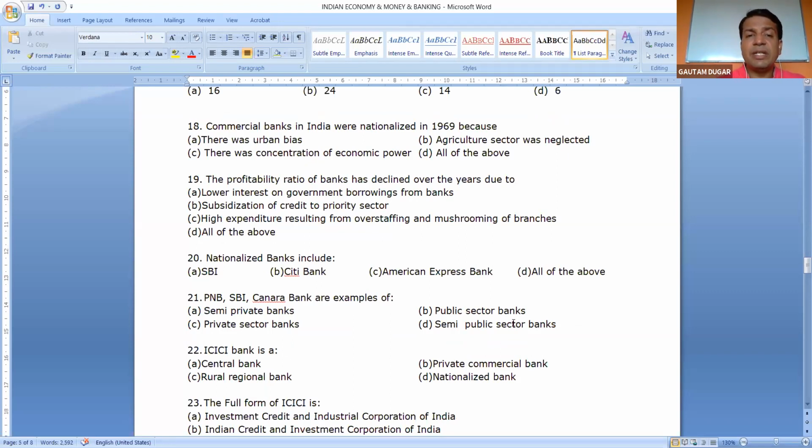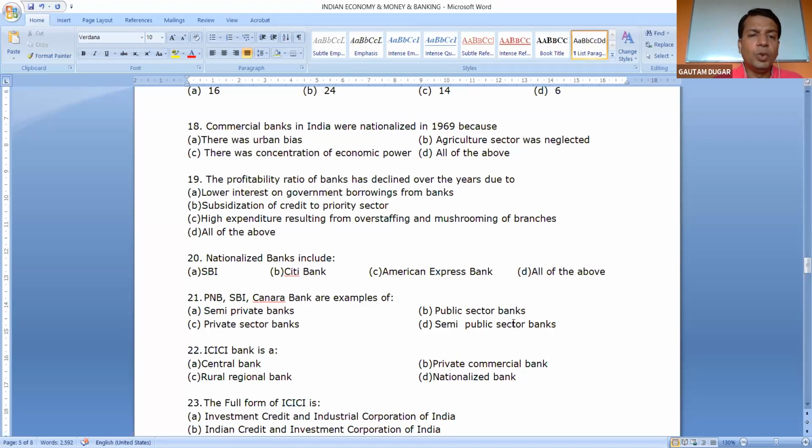So that's also one reason why the profitability is going down. And high expenditure resulting from overstaffing and mushrooming of branches. Too many branches have to be opened up under instruction of the government, and there is more staff as compared to what is actually required. There is overstaffing. So because of all of these reasons, the profitability of commercial banks was declining constantly in India.